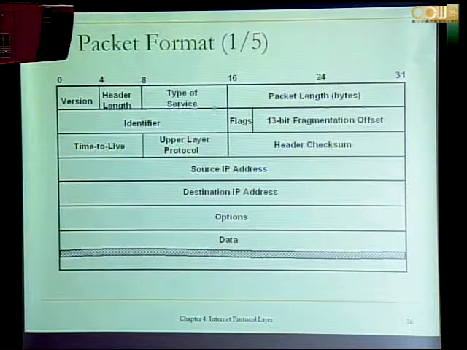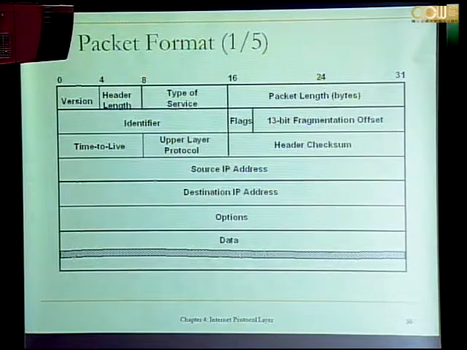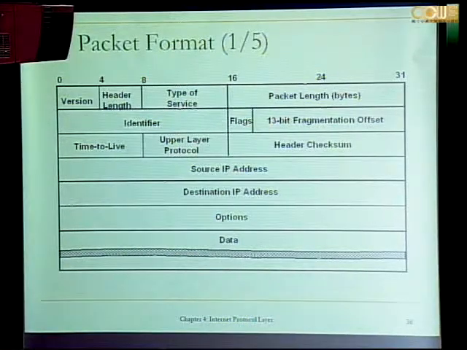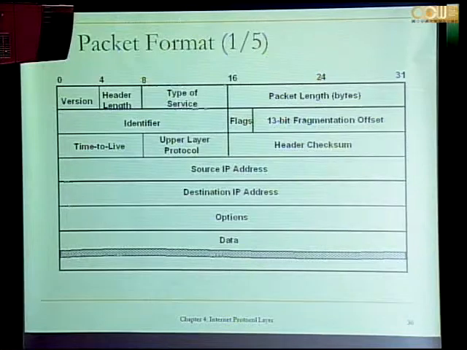And here you see the IP packet format. You have many fields from the version, the header length, the type of service, packet length. You've got header length and packet length, which kind of duplicate.